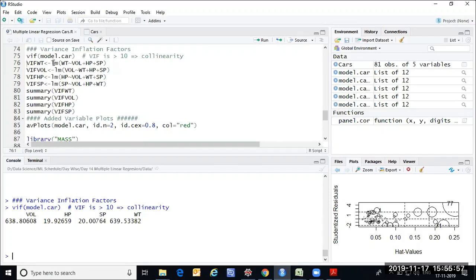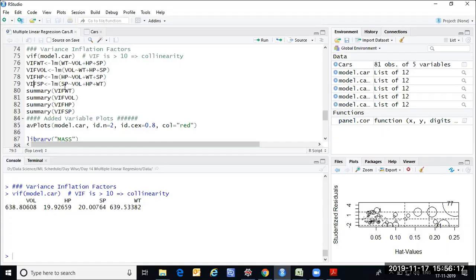So what you can do is build 4 different models, where in the first model I consider weight as the output variable and the remaining 3 as input variables. I keep changing so that I have 4 different models for predicting each of these variables using the other 3 variables.